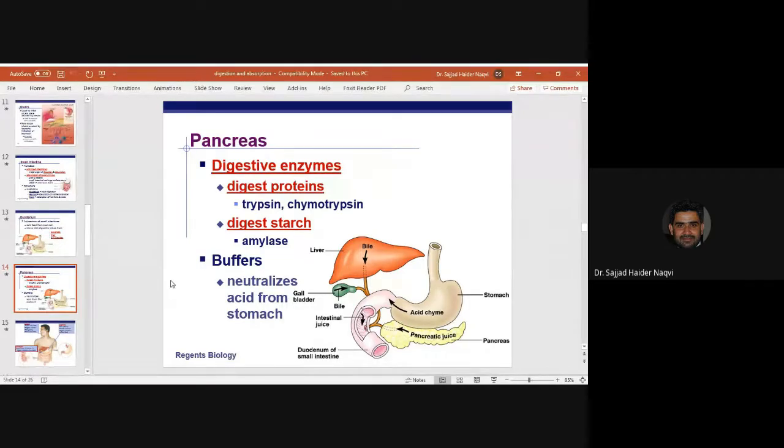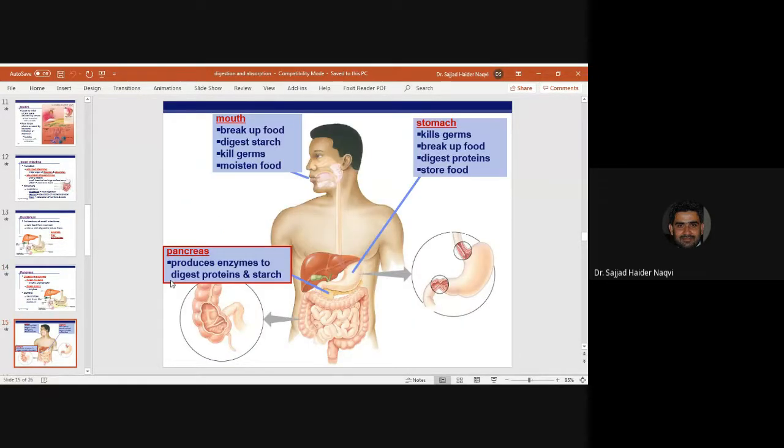There are certain buffers which function to neutralize the highly acidic food coming from the stomach. Now, the pancreas has a secretion which is sent to the small intestine. It produces enzymes involved in the digestion of proteins and starch, which I just mentioned above.